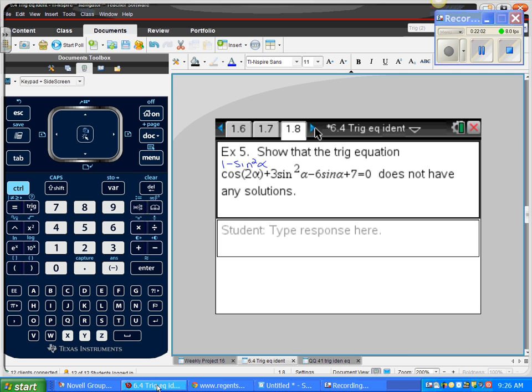A is just a variable. These are alphas. That variable is alpha. So I'm going to replace cosine of 2 alpha with 1 minus sine squared alpha. And the reason I did that is because I want them all to be in terms of sine.